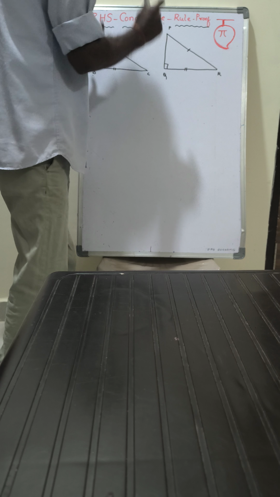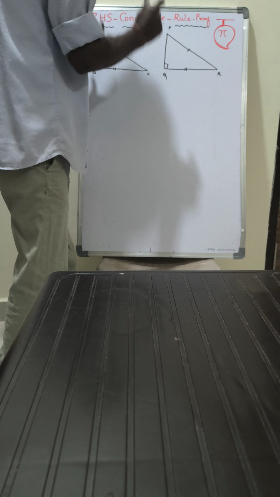Once again, these two right angle triangles are said to be congruent when the hypotenuse and a side of one triangle are equal to the hypotenuse and one side of the other triangle. Then automatically these two triangles are going to be congruent. So first I will write the statement, then I will explain the proof.